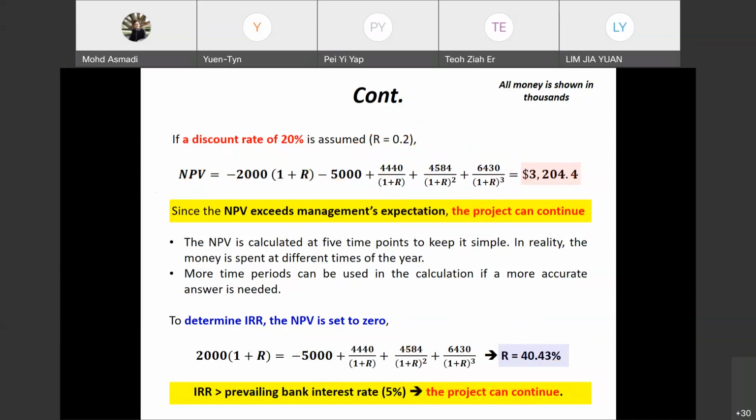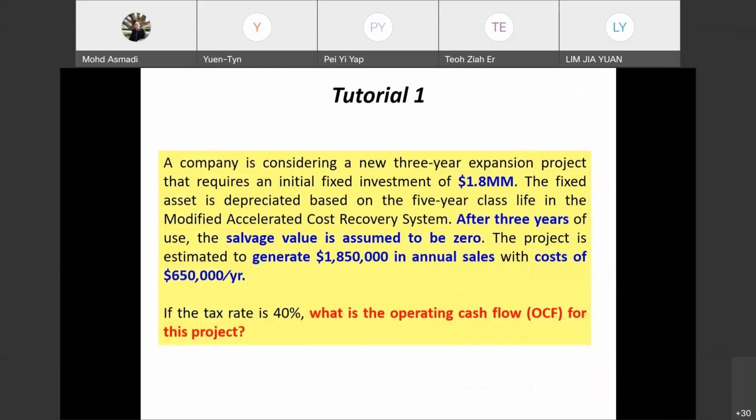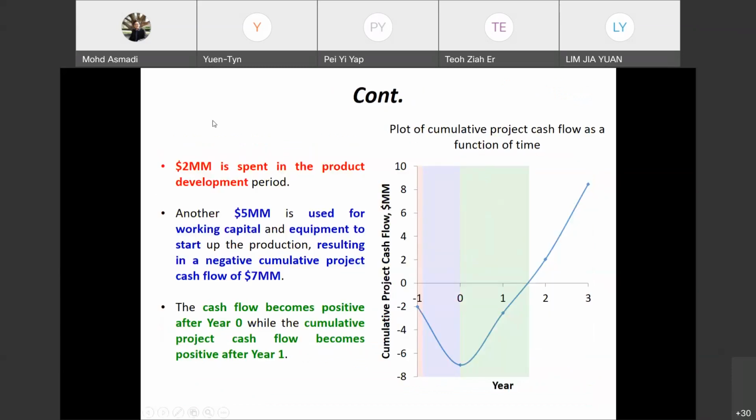Okay. So if you look at here, this one, okay, 2 millions. This is 2 millions for the first year. Okay, times with the 5 million. So total is 7 years. 7 million. Right. Okay. And then so you can get a positive value after 1 year.